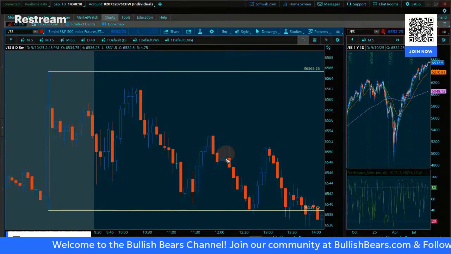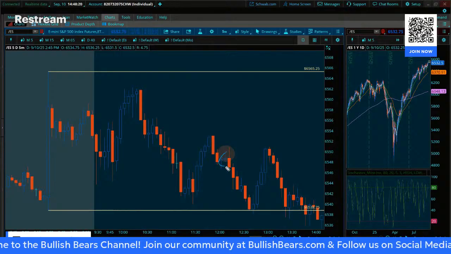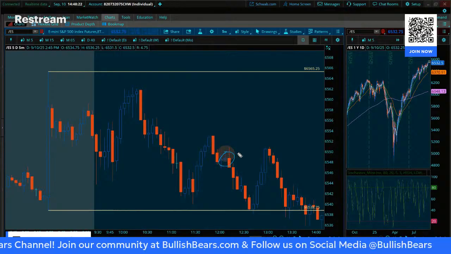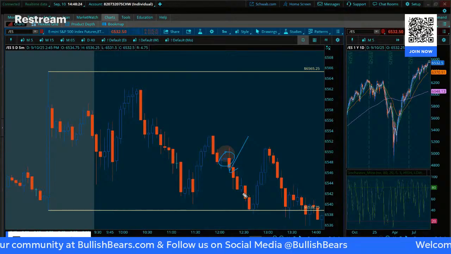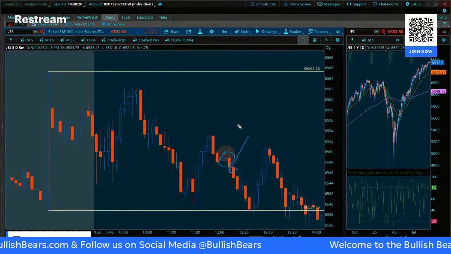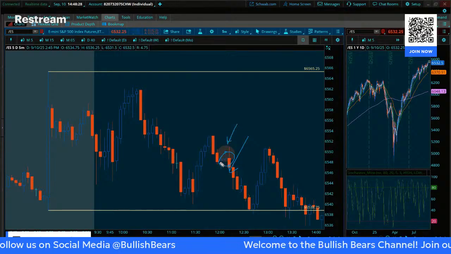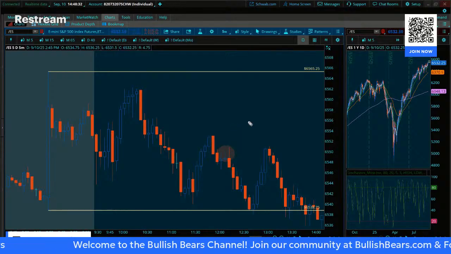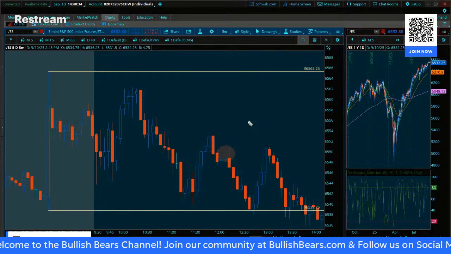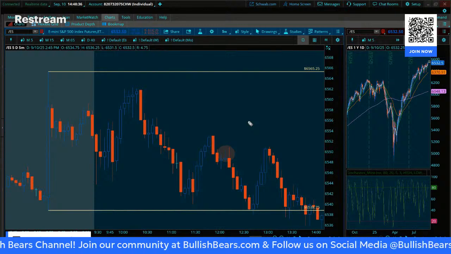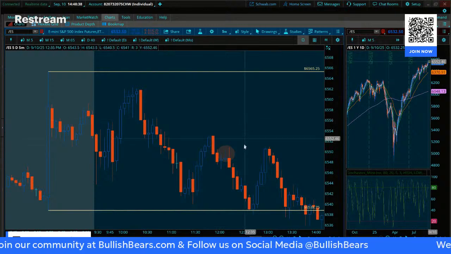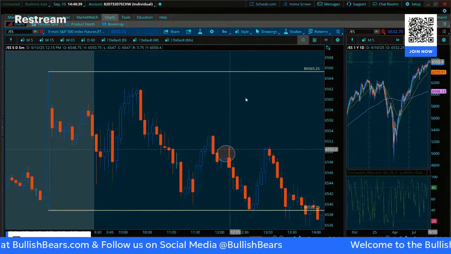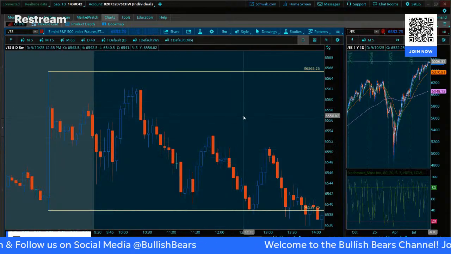But what I've got circled here is just a bunch of dojis, and then we fell out and started to fall again. And the wicks were the only thing that gave us some kind of higher low in that. To me, I wouldn't mark that as a pivot. But technically it is, because price did pivot there, but I wouldn't mark it.